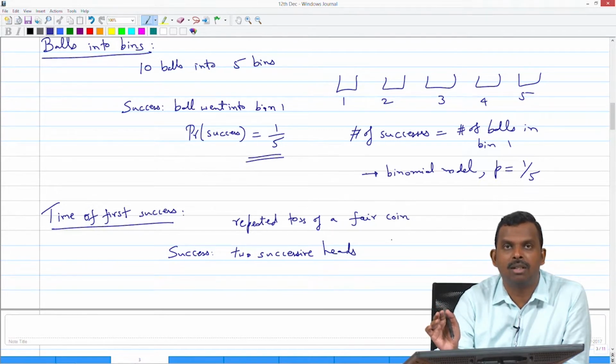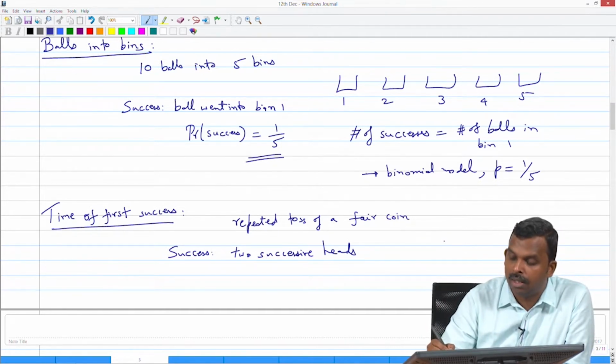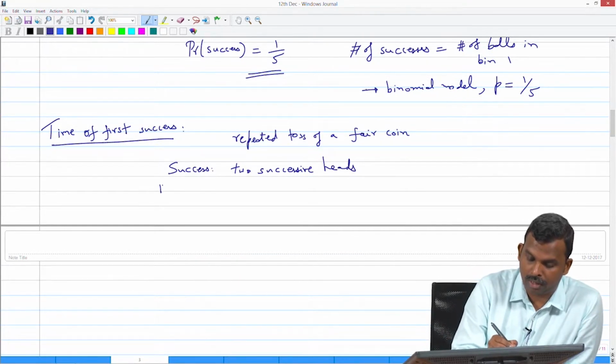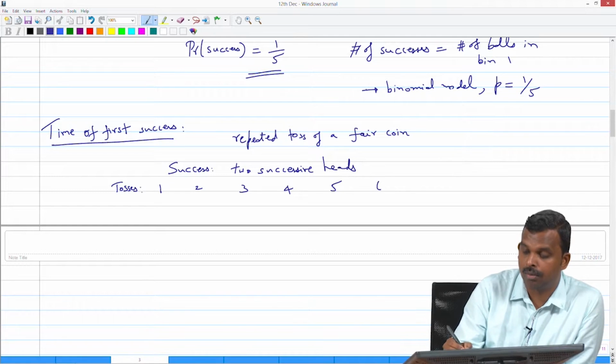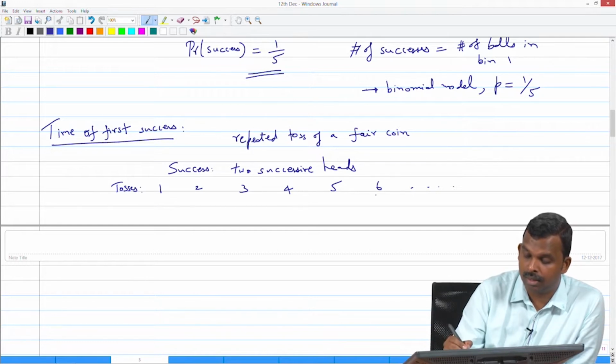The kind of question I would ask is, what is the probability that the first time 2 successive heads come is at a particular position. So, you are tossing a coin, and you have your sequence of tosses: the first toss, second toss, third toss, fourth toss, fifth toss, and so on. You will have a sequence of heads or tails.